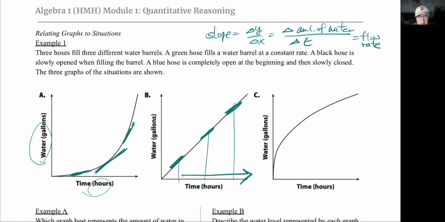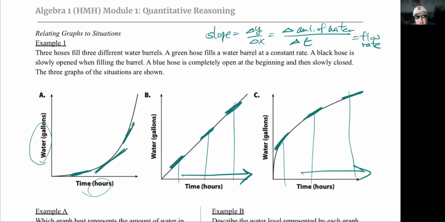How about C? Choose maybe three points at the beginning, towards the middle, and towards the end, right? So we have this slope, this slope, and this slope. The slope was kind of steep over here and flattens out a little bit, then flattens out even more. So as time increases, my slope is decreasing, or my water flow rate is decreasing.